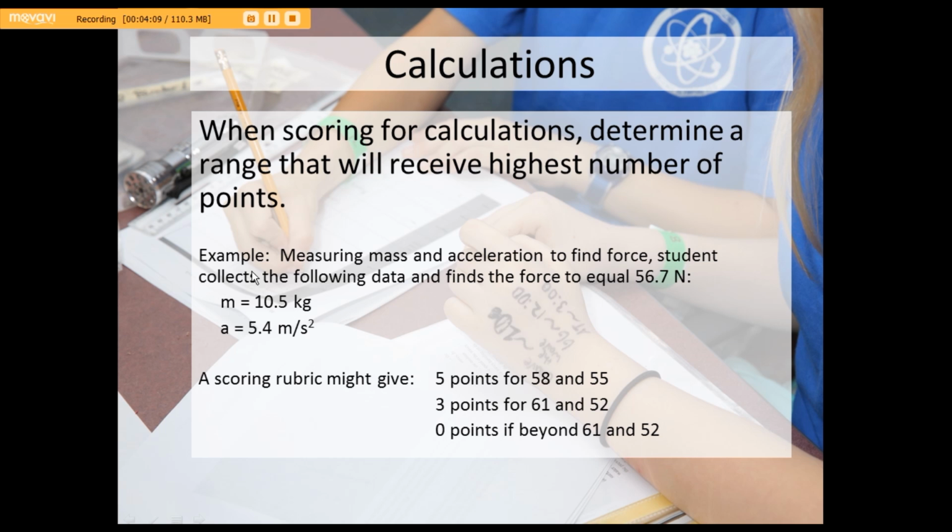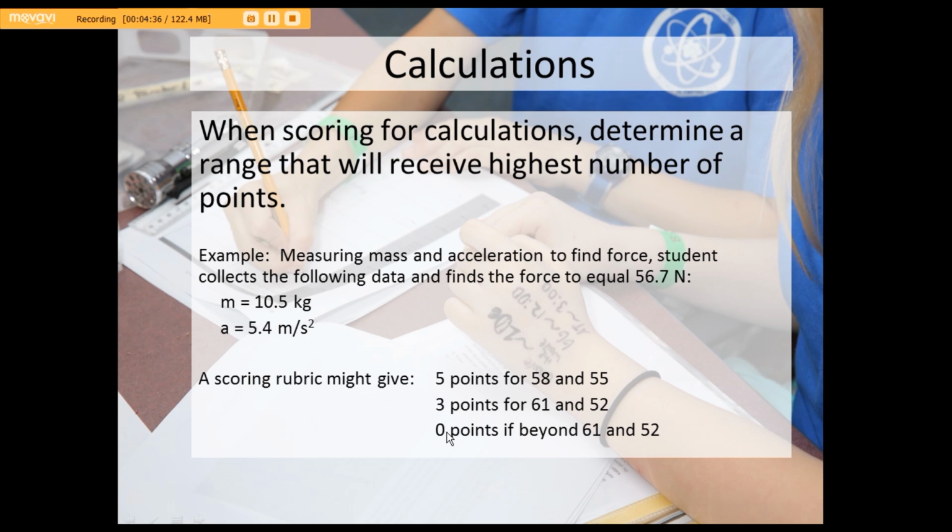Let's say the answer is supposed to be 56.7 newtons for this calculation, if they're determining the force. Then you might give an error of measurement so that anything between 58 and 55, which 56.7 falls in between, would get the full set of points, 5 points. If they're beyond 58 or beyond 55, out in this range, they might get 3, and if they're beyond that as well, they might get 0.